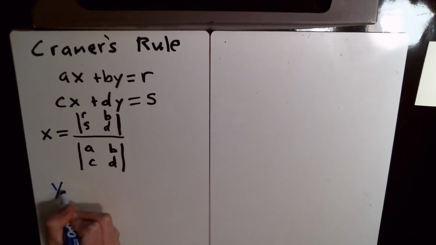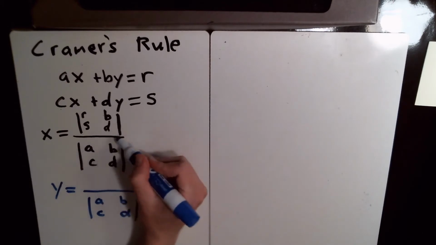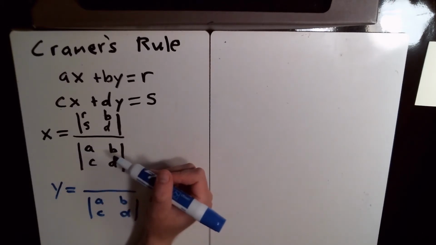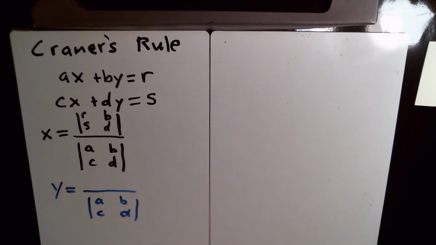It tells you that y is going to be equal to, again, you divide by the determinant a, b, c, d. So this is where I have this line here. I'm just meaning it's a fraction of two numbers, right? Determinants are numbers.